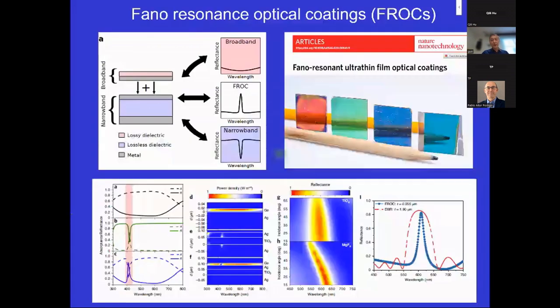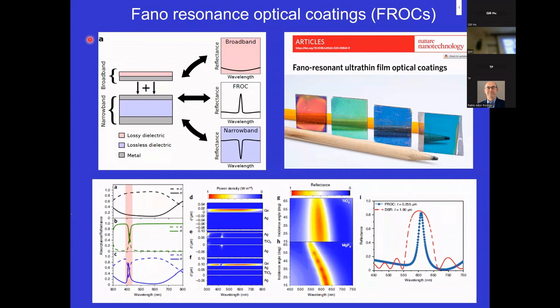Okay, so currently we do have narrowband reflection, typically a multi-layer Bragg reflector type, right? Usually you have to have a low refractive index, high refractive index, low, high, alternating many layers. How many layers do we have for FROCS? I'm going to call this FROCS, final resonant optical coating. Four layers, very thin.